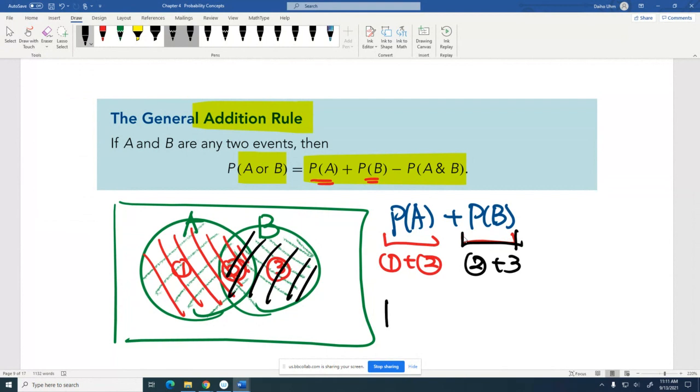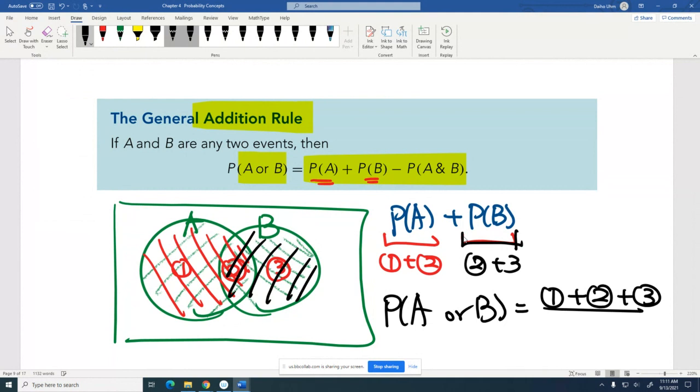But the probability of A or B, it must be 1, 2, and 3. It's only single counts. In the left, number 1. In the middle, number 2. In the right, number 3. Only once. And then divided by how many outcomes in the sample space, right?